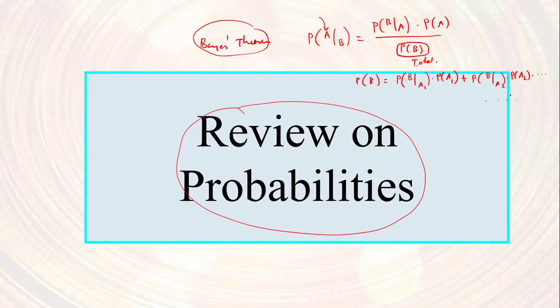This is the total probability. Basically, this is the intersection: probability of B intersection A1 plus probability of B intersection A2, and so on. So the intersection of B with all other events is the total probability.